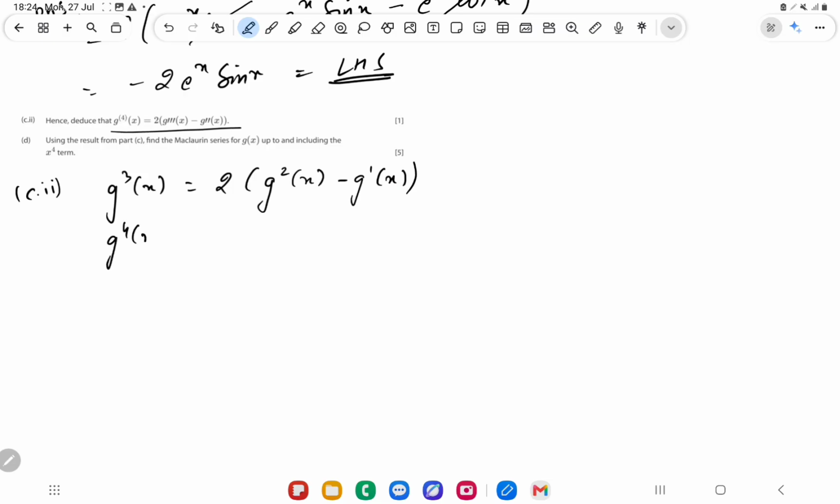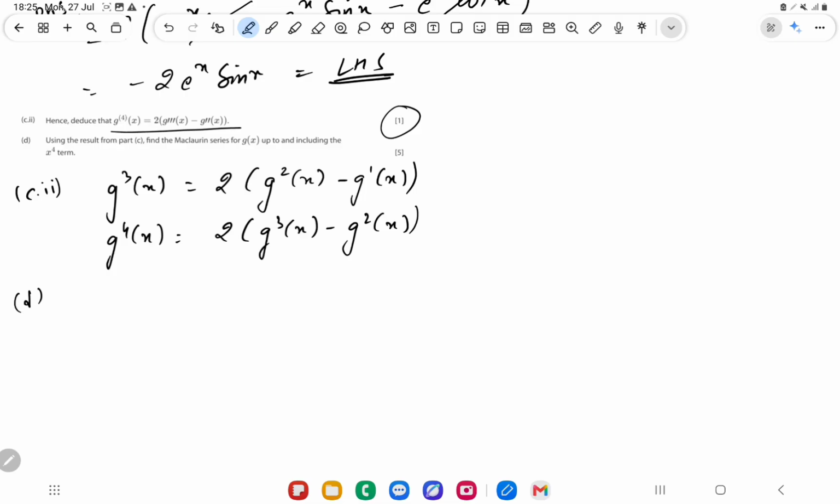So if I am talking about the fourth derivative, it will automatically be third derivative minus the second derivative. So this is how I can write, although it is a 1 mark question, so it's easy for me to write like this instead of expanding up to power 4.